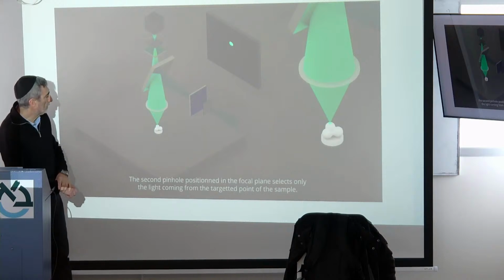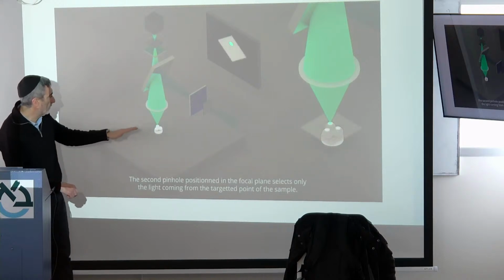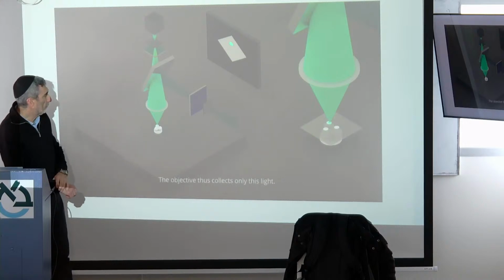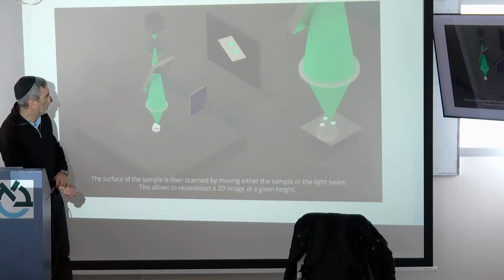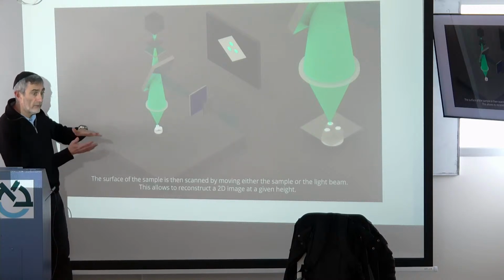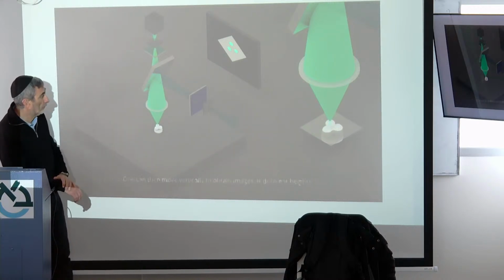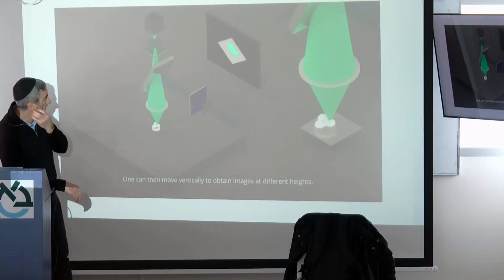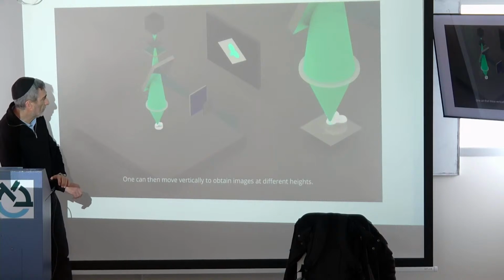And then what you can do is scan the sample at different positions, and you can reconstruct the full image, not only in 2D but also in 3D. By changing the position, you can actually go deeper inside the sample, and you can obtain a 3-dimensional image of the sample itself.